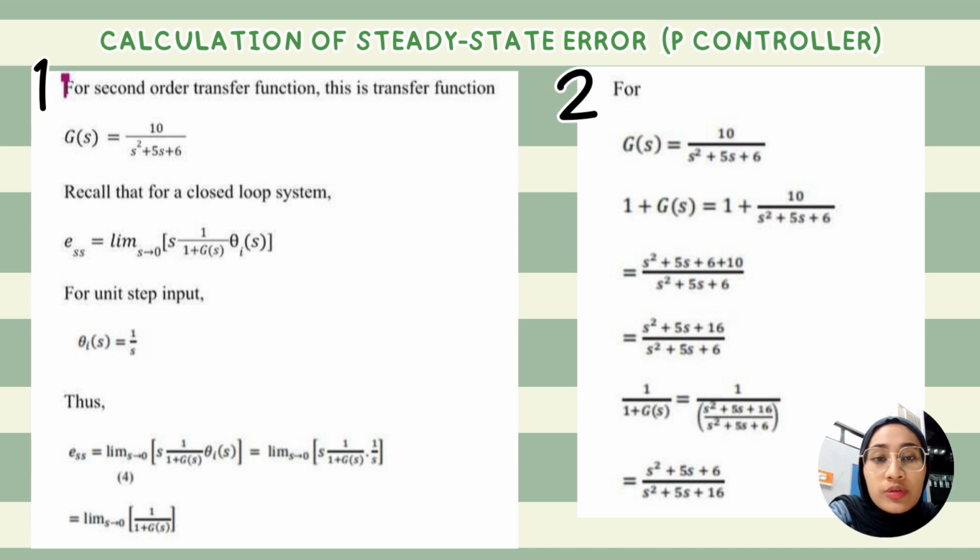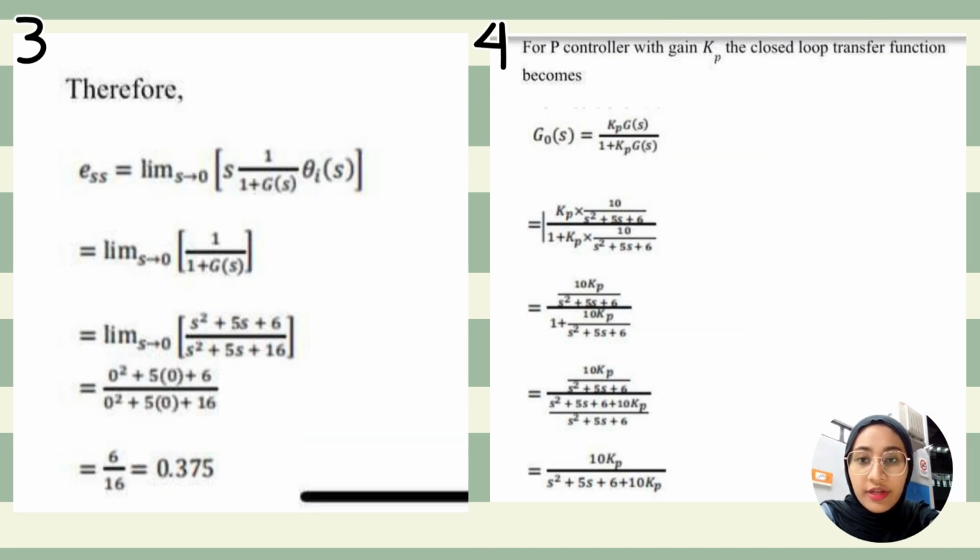So, for G(s) equals 10 over s squared plus 5s plus 6, 1 plus G(s) equals 1 plus 10 over s squared plus 5s plus 6, and finally we will get s squared plus 5s plus 6 plus 10 over s squared plus 5s plus 6. Therefore, ess equals limit s to 0 of 1 over 1 plus G(s). We solve this equation and finally we will get 0.375.